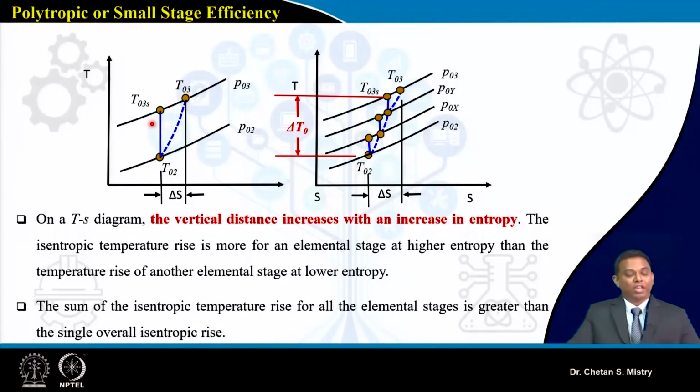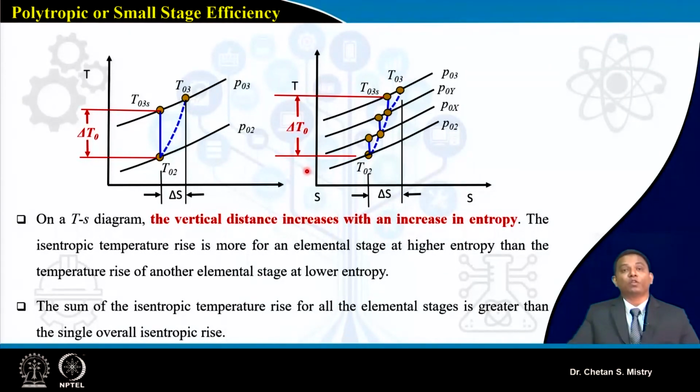Now for my actual compression process for the overall stage, if I consider my delta T0, that is coming out to be lower. Now what it says is that in this case my elemental rise of temperature gives me my delta T0 to be large.